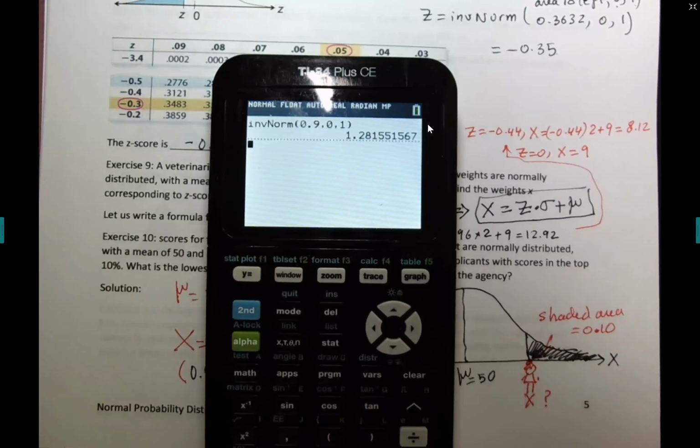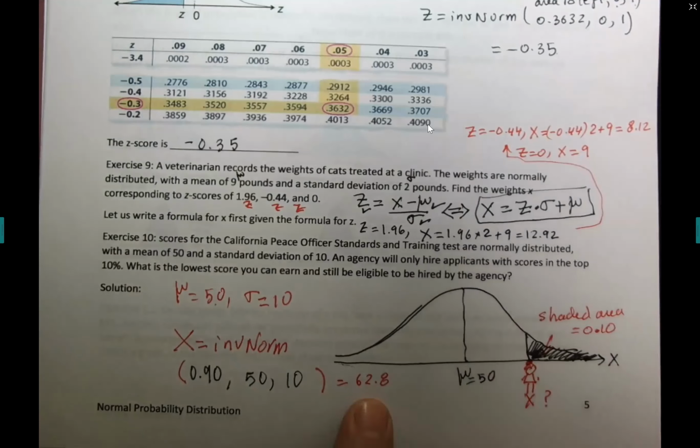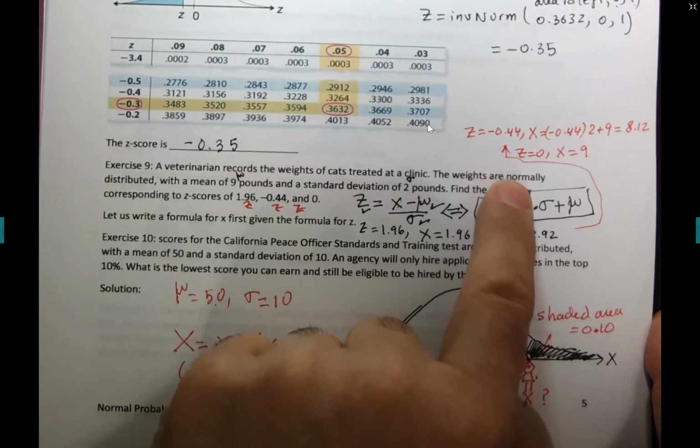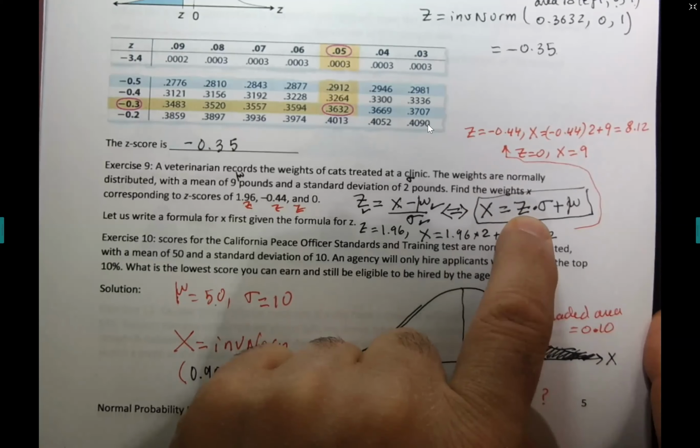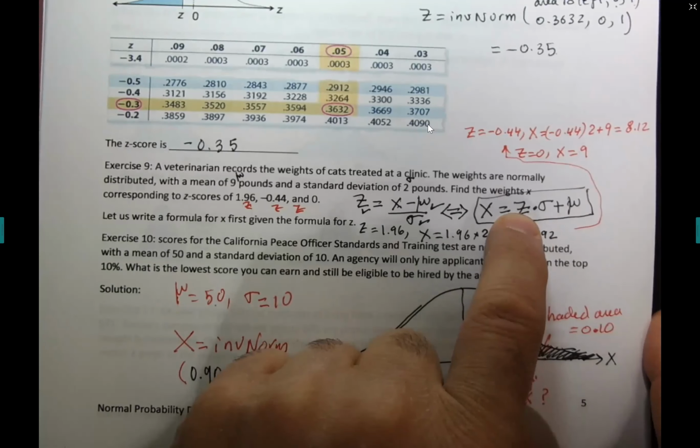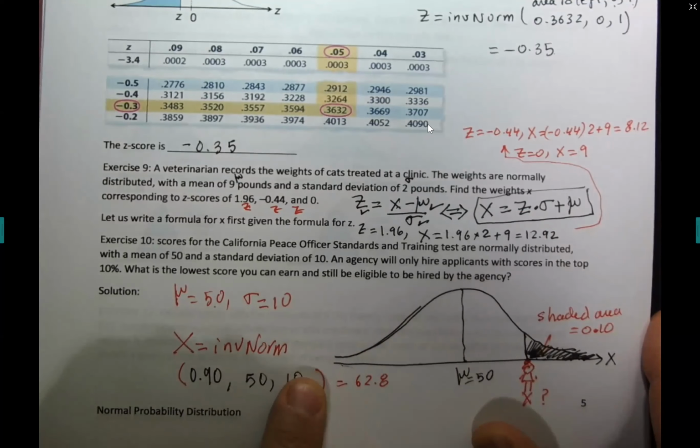You get 1.28, but that's a z-score. You can change the 1.28, guys, to an x value, and it's going to give you 62.8. And how do you change it to an x value? Using this formula that I introduced. That's why I introduced the formula for x. You put 1.28 times sigma, which is 10, and then you add 50. Watch.